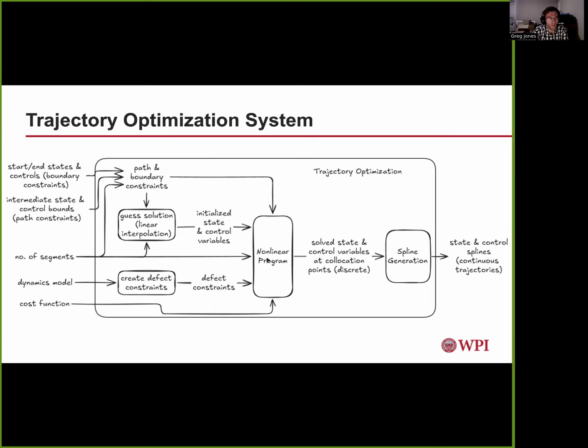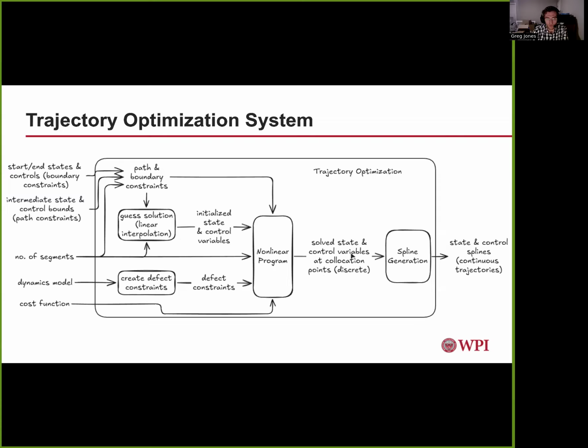And then you have the cost function that needs to get minimized, and then guessing the solution is done using linear interpolation between the start and end states. And so that's done over all the optimization variables, which depends on the number of segments.